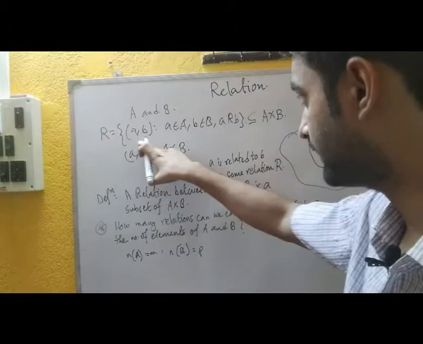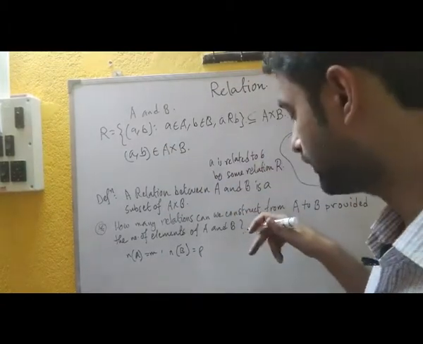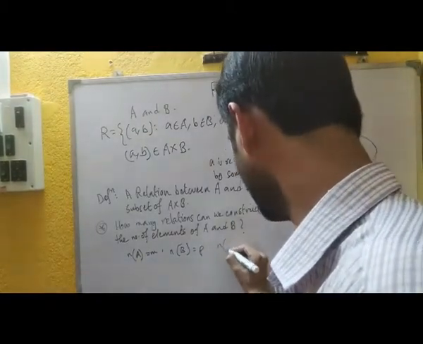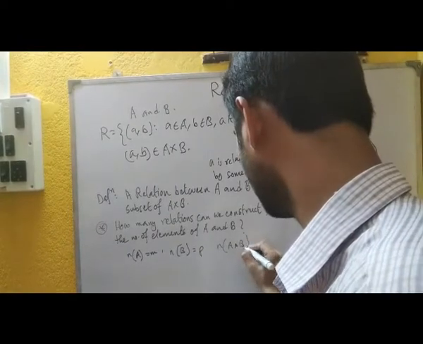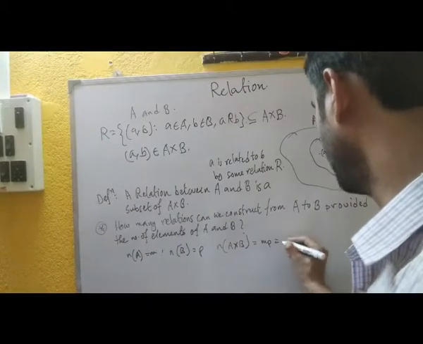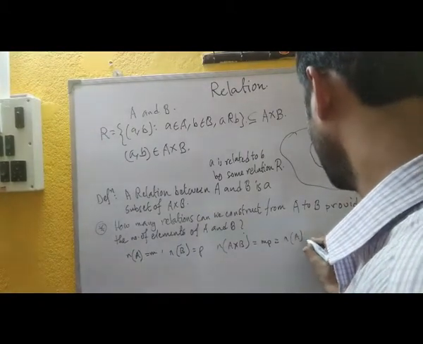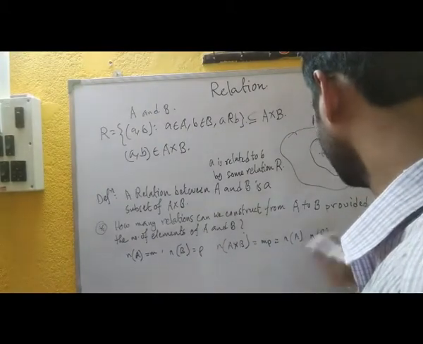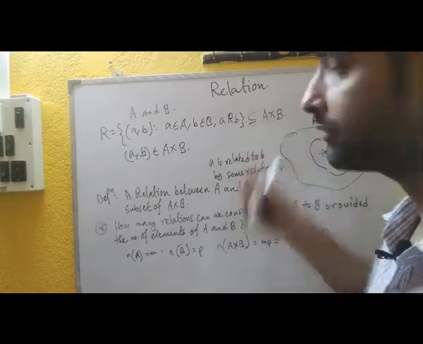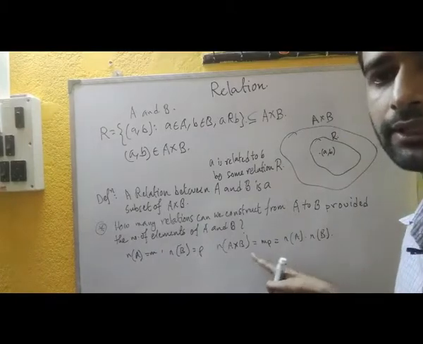Because each of these sets, which is a subset of this A cross B, is a relation. So first of all, what is the number of elements in A cross B? It is m into p, and that comes from the formula n(A) into n(B). Now the next question is, how many subsets of A cross B can be found if there are mp elements in the set A cross B?